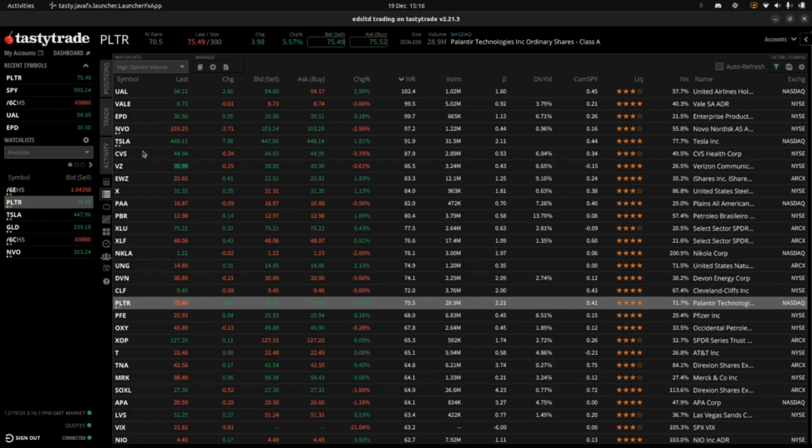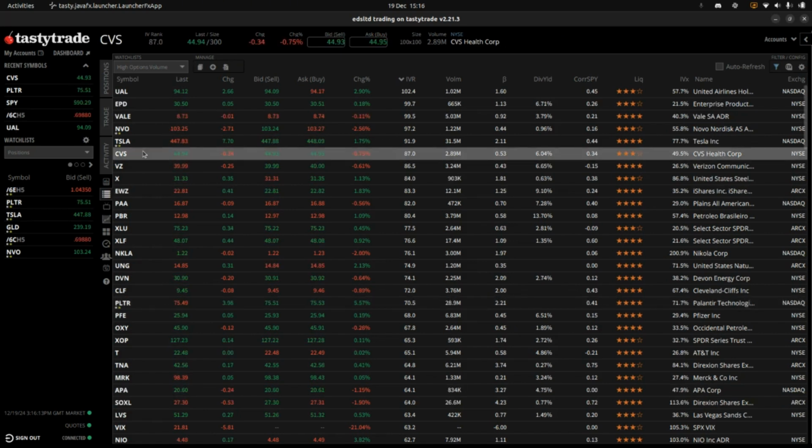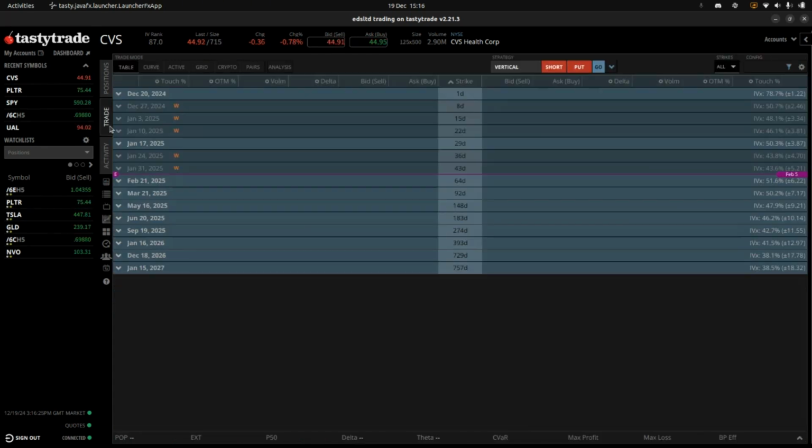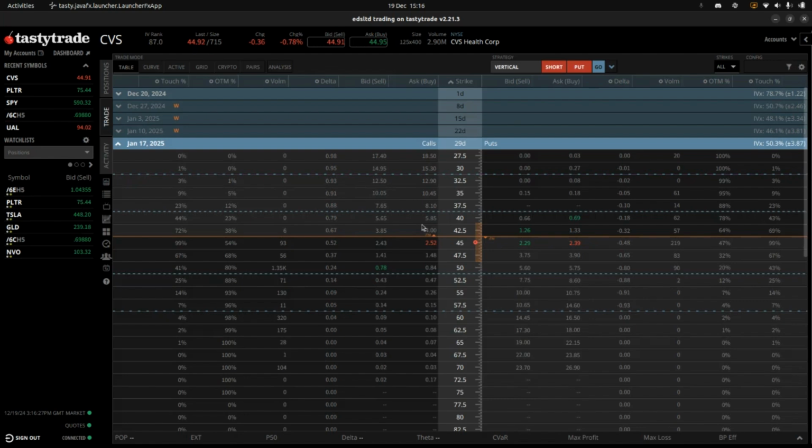So CVS here is trading at just under $45, with an IV rank of 87, and an absolute IV level of 49.5%, or implied volatility level. So if we just have a look at CVS, we already know we're going to be at January 17th. And this is now the options chain that we're looking at here.